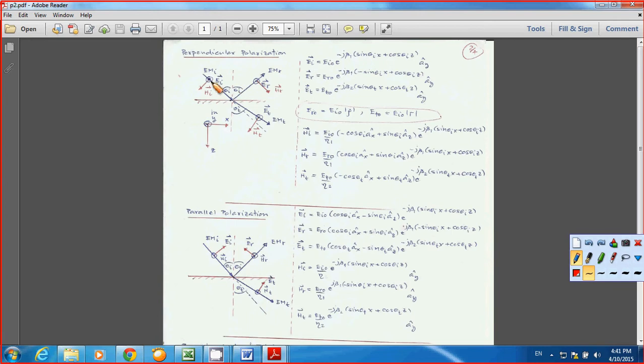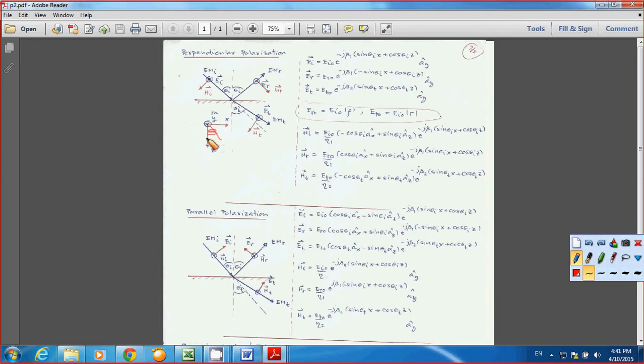For EI, you see the direction of propagation is in the plane of x and z. When you take this angle to be theta, you have to go back and think about it.